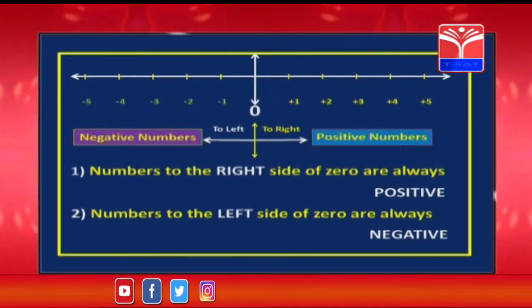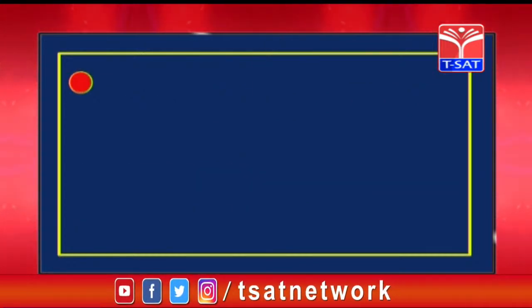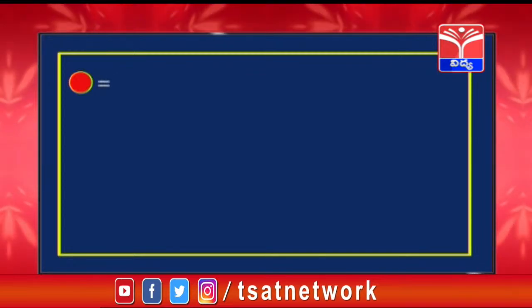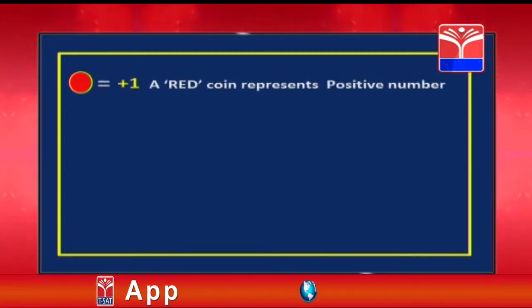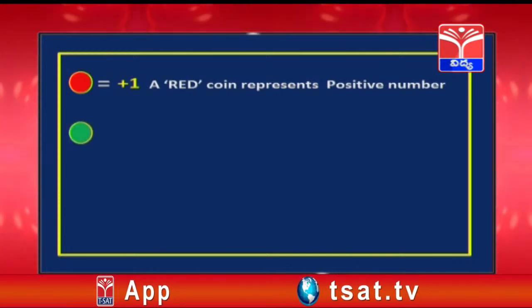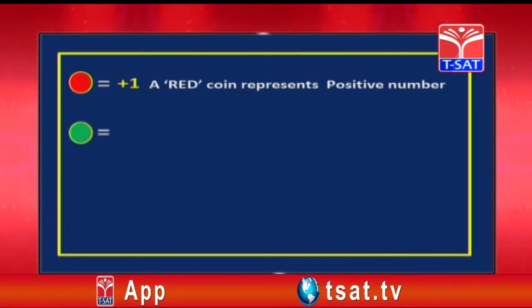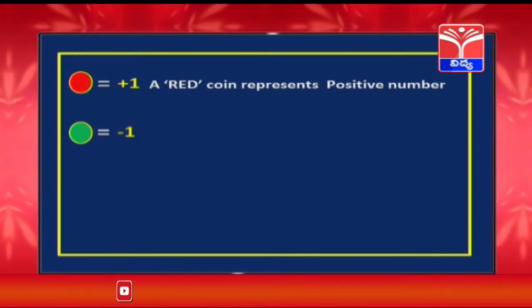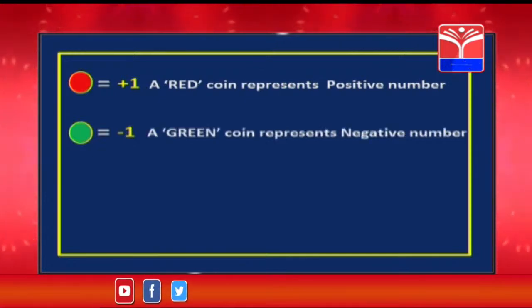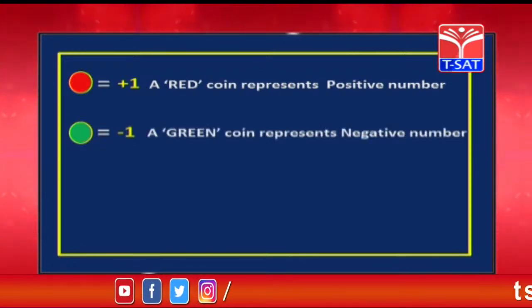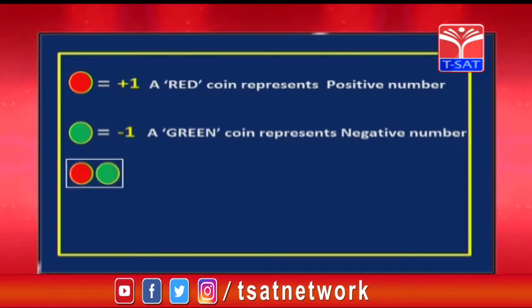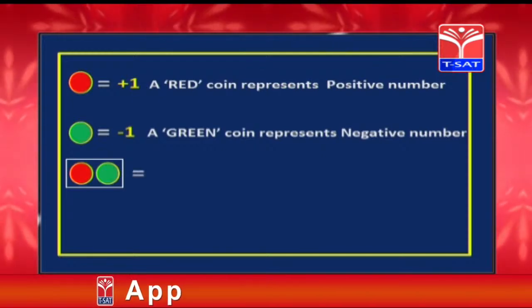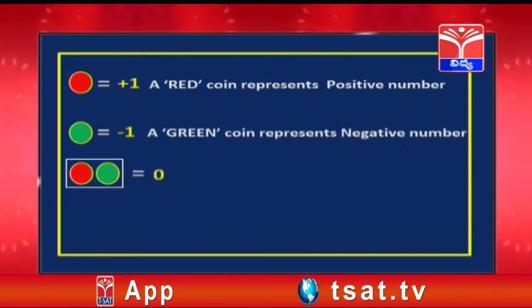So children, let us consider a red coin which is equal to +1, okay children, and that is nothing but a positive number, and a green coin which we denote as -1, that means it represents a negative number, and we have a pair of both red and green coin and we mark it as 0.